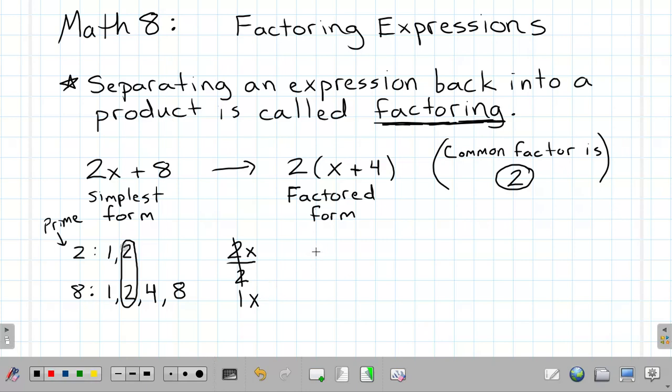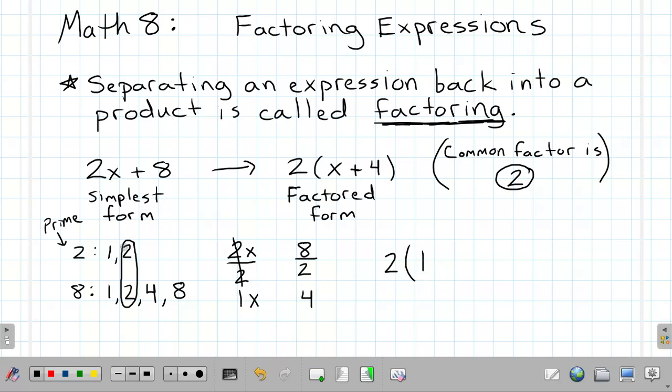We have to do the same thing with the 8. If we do 8 divided by 2, that gives us 4. So the final step here: what did we just divide by? We divided by 2. The factor that we divide by, we take outside the parentheses, and whatever's left on the inside is what we got when we divided.